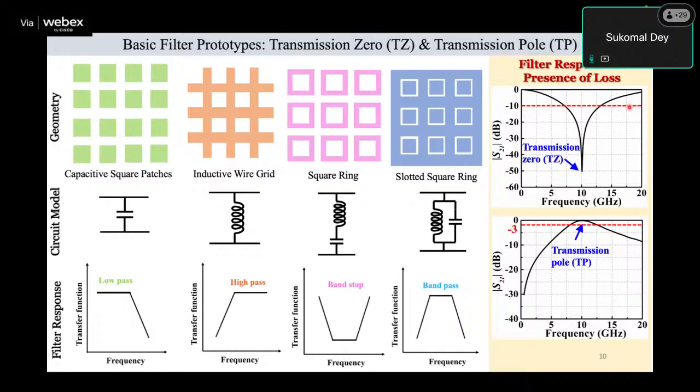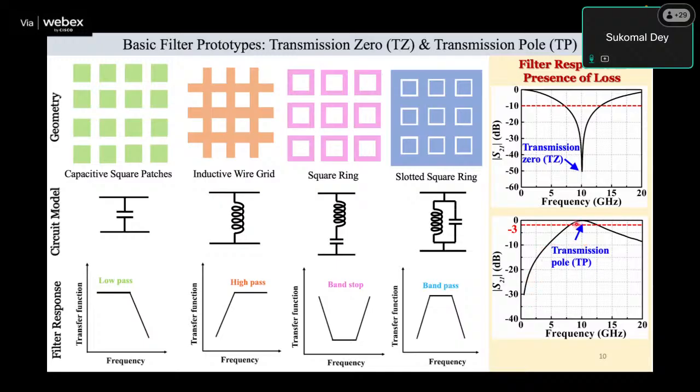With respect to the 10 dB line, the bandwidth is close to 7 gigahertz up to 12 gigahertz. That is the bandwidth, and the transmission zero is at 10. Similarly, in a band pass response, you should consider the transmission pole.